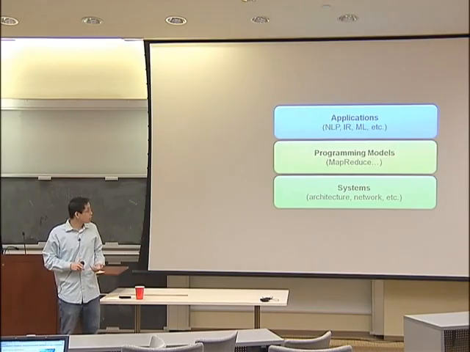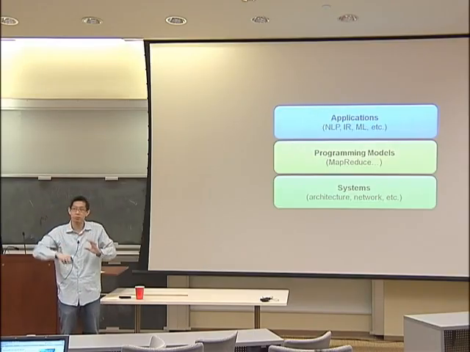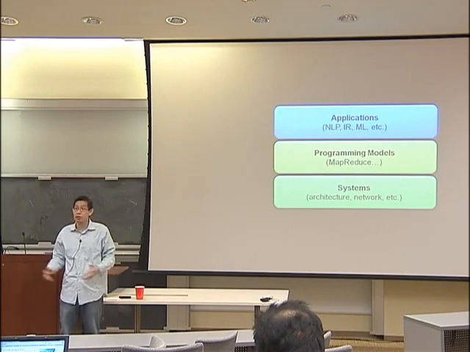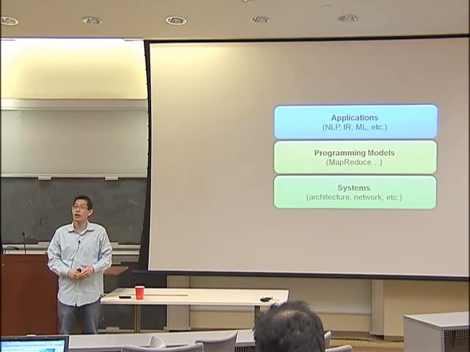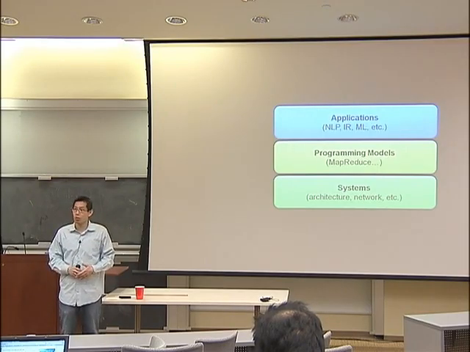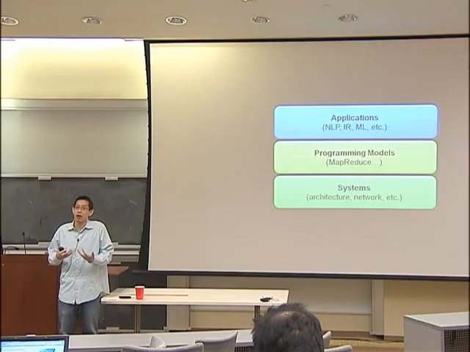And then the ecosystem is such that you will have the development of programming models that mediate between the applications and the systems. So MapReduce is only the beginning. People are already asking themselves, what's the next thing beyond MapReduce? What other programming models can I have to abstract over entire data centers worth of machines?